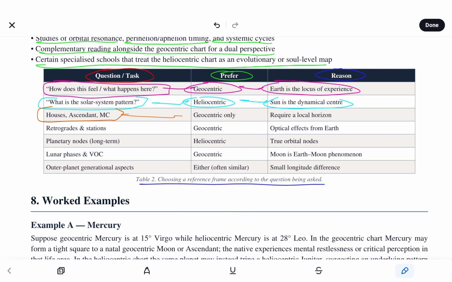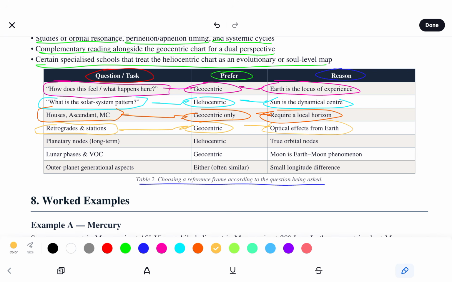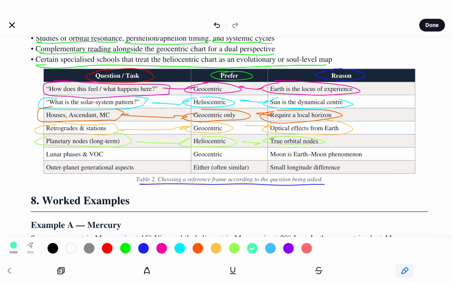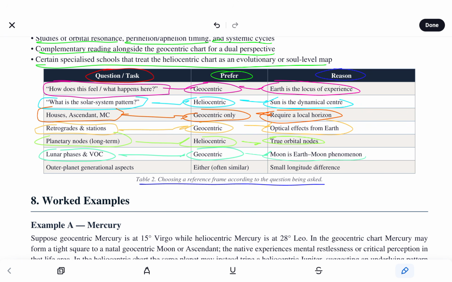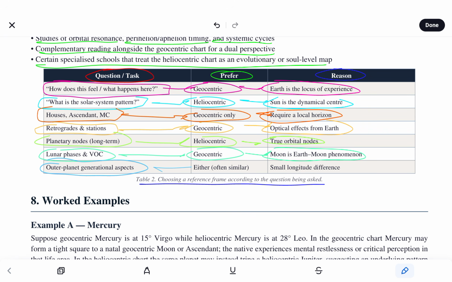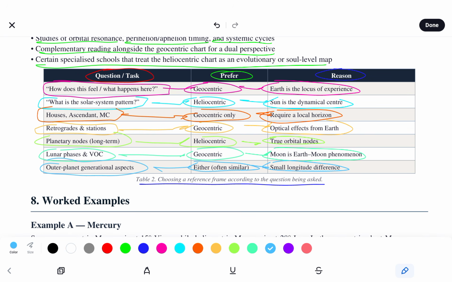Houses, ascendant, midheaven: geo only requires a local horizon. Retrogrades and stations: geo, optical effects from Earth. Planetary nodes long term: helio, true orbital nodes. Lunar phases and void-of-course Moon: geo, the Moon is an Earth-Moon phenomenon. And we see outer planet generational aspects: either, often similar, small longitude difference.